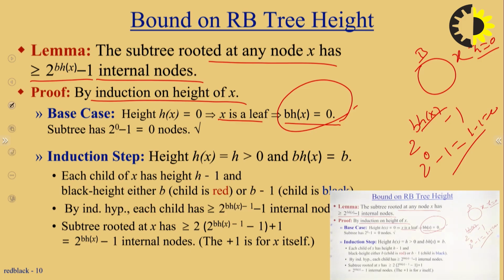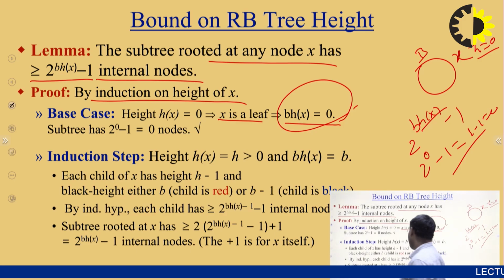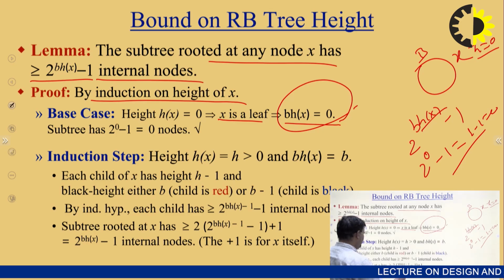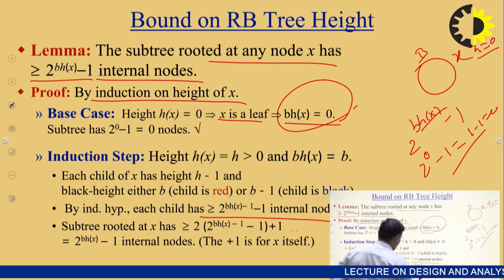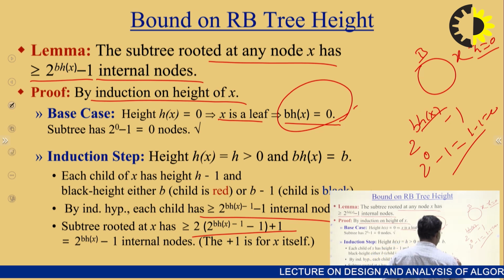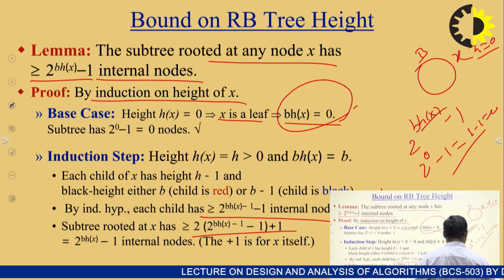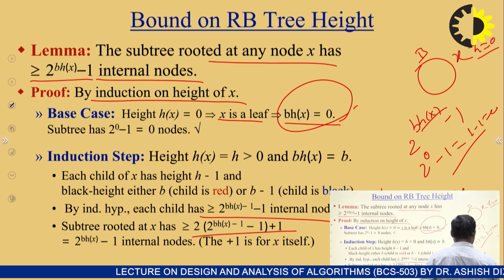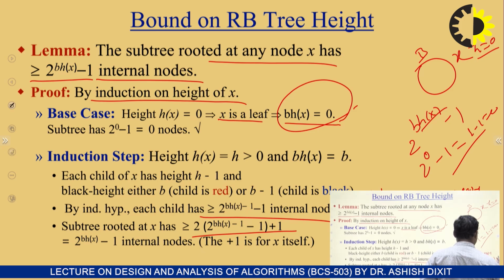Second thing, induction step. Here we will consider 2 types of internal nodes, meaning 2 to the power bh x minus 1 plus 2 to the power black height of x minus 1 plus 1.